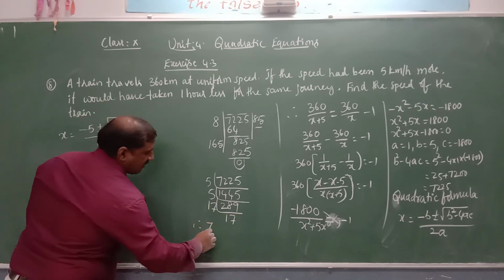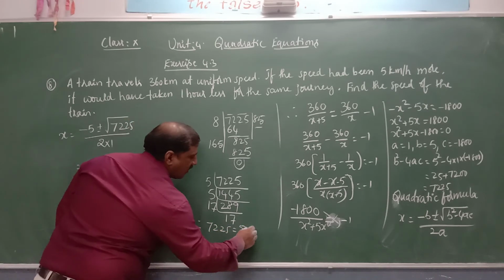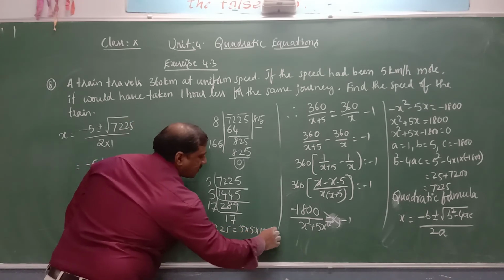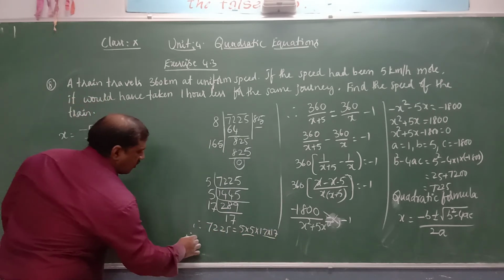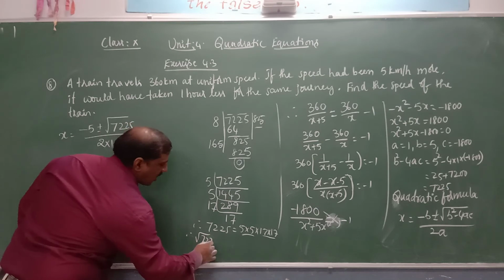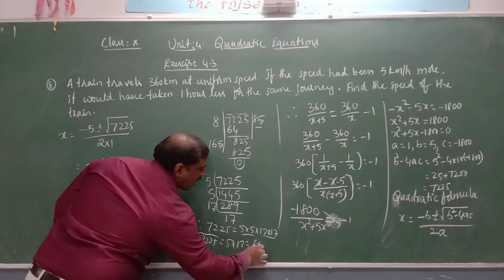Therefore 7225 is equal to 5 into 5 into 17 into 17. So we have two pairs. Therefore the square root of 7225 is equal to 5 into 17, that is 85.